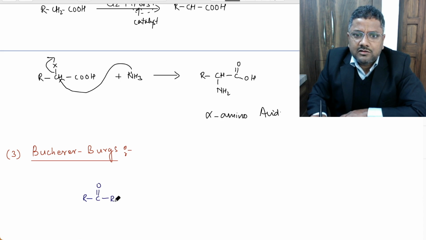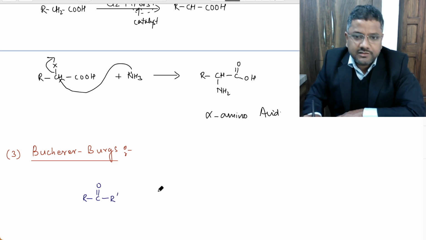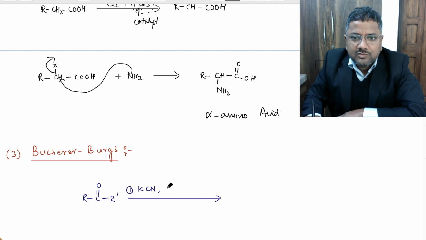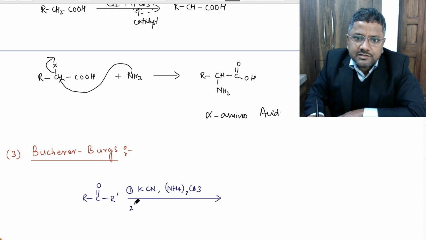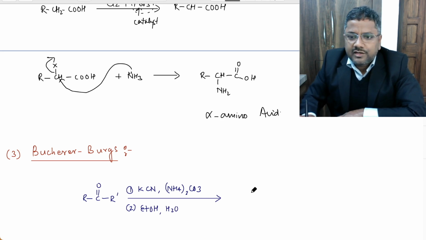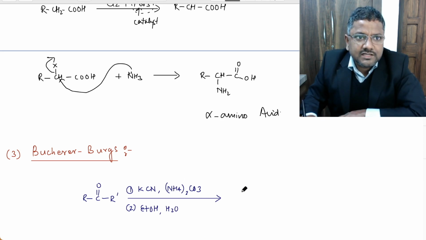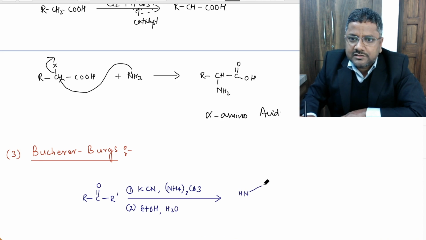RCOR dash, you can take a ketone and KCN, ammonium carbonate, EtOH, and water. So you will get a cyclic compound, and this cyclic compound is a very popular cyclic compound.